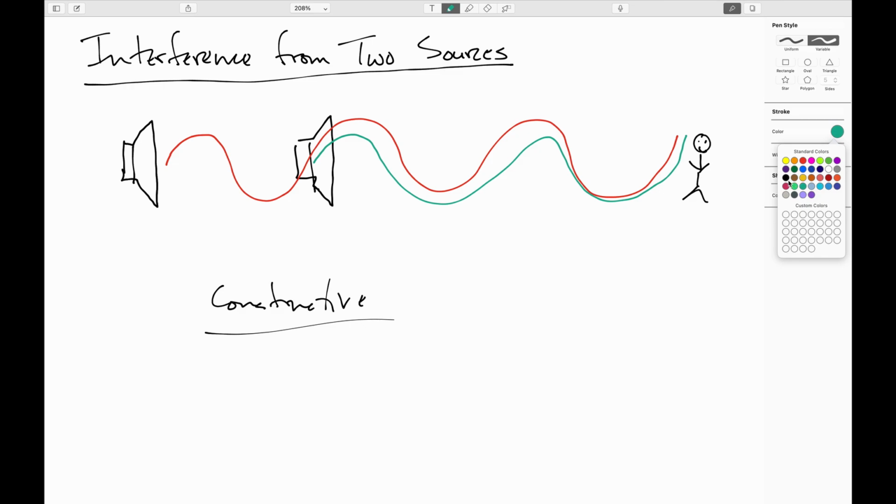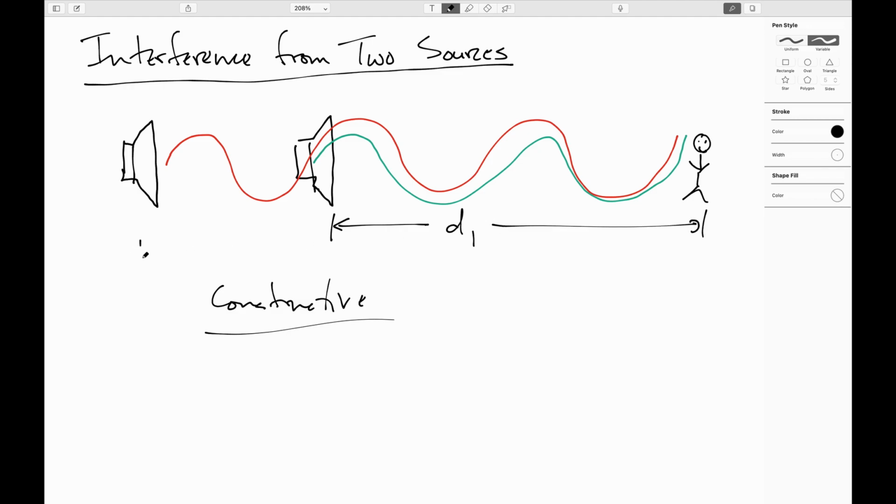So what's going to matter here is the difference in distance between, say, this speaker here, speaker number 1, we'll call this distance D1, and speaker number 2 over here, we'll call this distance D2. Well, for me to have the two waves doing the same thing at the same time, you can see here I had one extra wave front here.